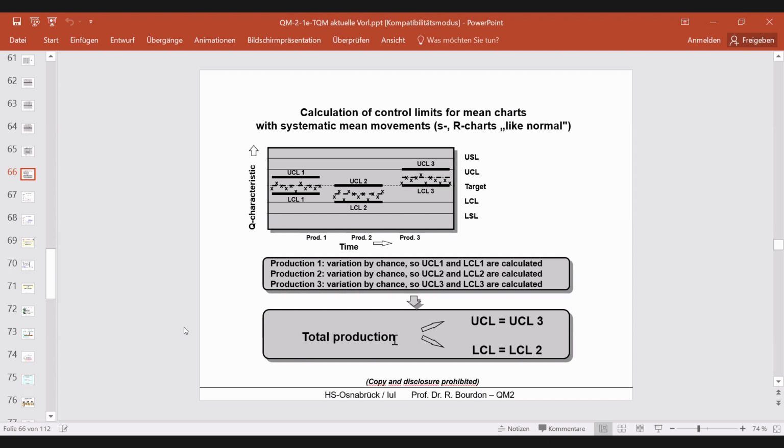That means for the future, then, for the total production, they take the upper control limit of the production number 3 and the lower control limit of the production number 2. UCL of 3, LCL of 2.